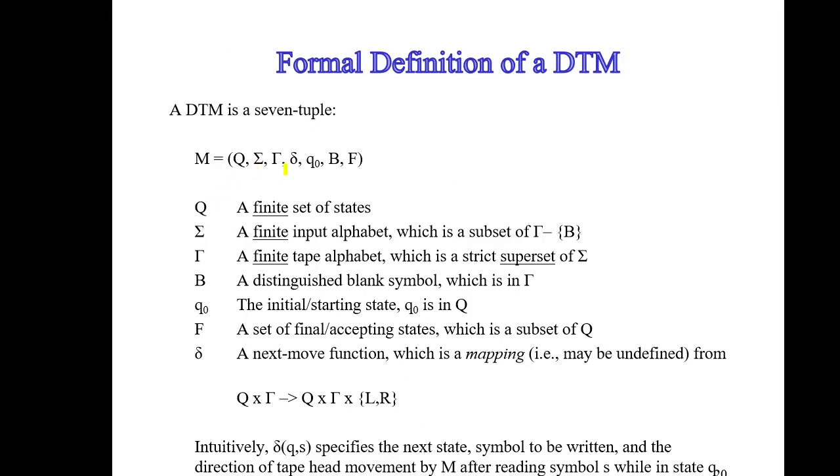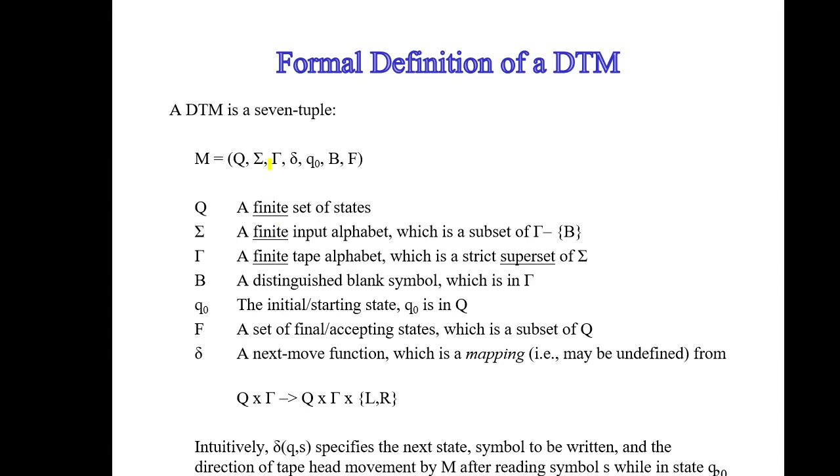Q, sigma, gamma, delta, q naught, B, F. Here these are the 7 tuples of the deterministic Turing machine. Q means the finite set of states, and sigma means the set of input alphabets, whatever inputs we can store in the input tape.